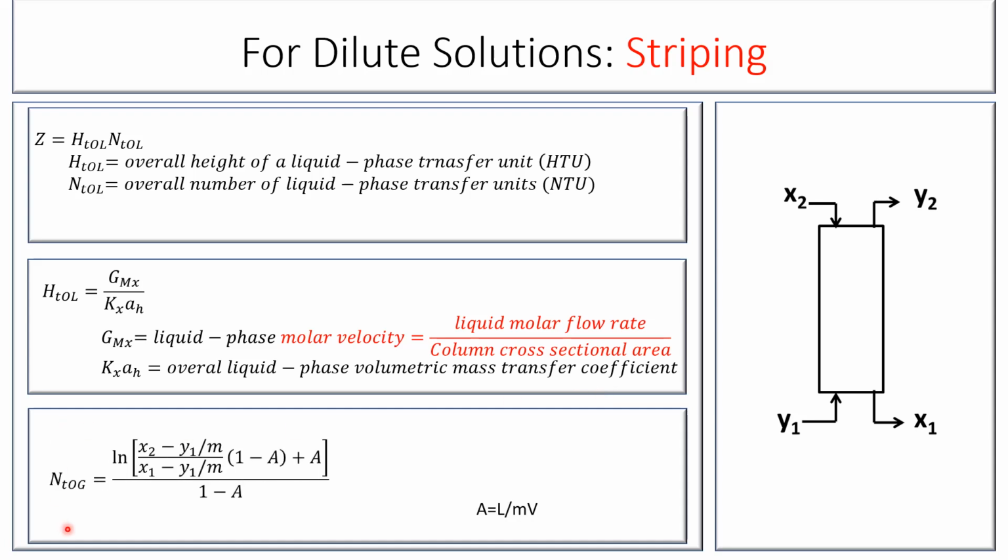And in terms of the number of transfer units, because the target is basically to reduce the composition of the liquid phase from X2 to X1 using this solvent at this equilibrium constant. And capital A, again, is the same, which is the slope of the operating line over the slope of the equilibrium line.